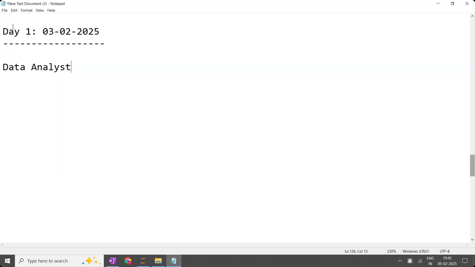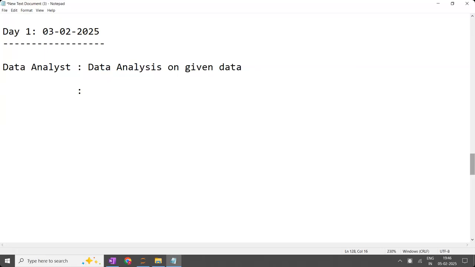Data analysis means observing past data and improving the business. So the data analyst will do the data analysis on the given data. He is going to make important observations, the analysis he has made on the given data.